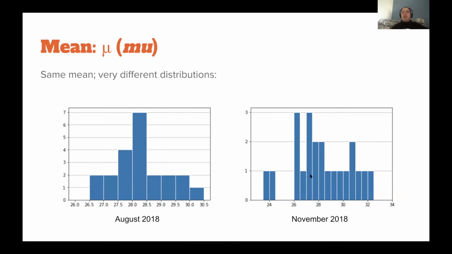In November, it was much colder, and sometimes I didn't even take the bike because I decided to take the bus. And you can see that it's much more irregular. So depending on the weather, depending on many things, it took me all the way from around 24 minutes to 32 or 30.